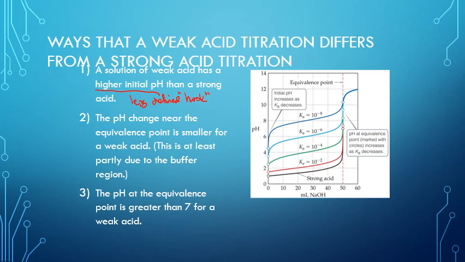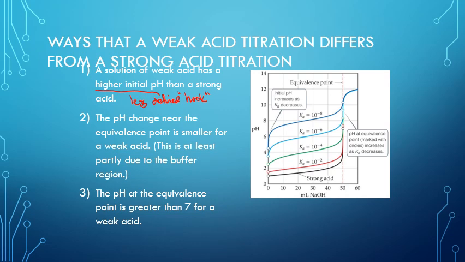So as the Ka for the acid gets smaller and smaller, the weaker and weaker the acid, notice the pronounced look of the hook at the very beginning, to where with this last one with the Ka of 10 to the minus 8th, you have a pH jump, almost like it's at the equivalence point, of probably about 2 pH units just by adding a couple of milliliters of the strong base to it.